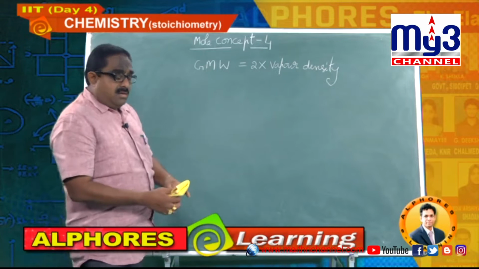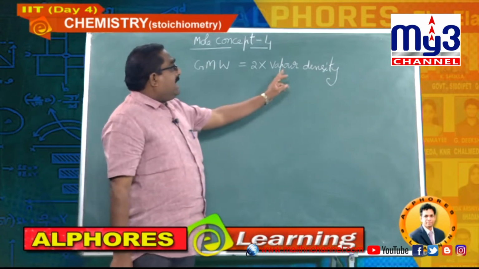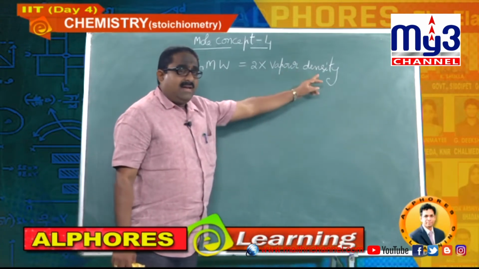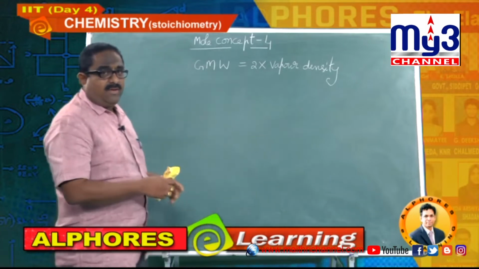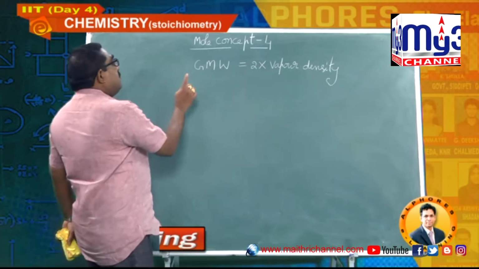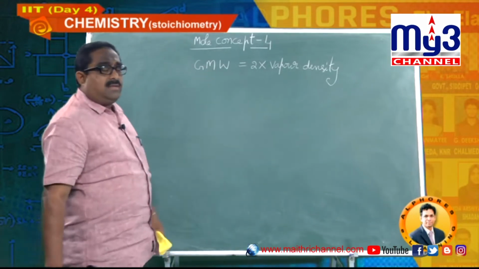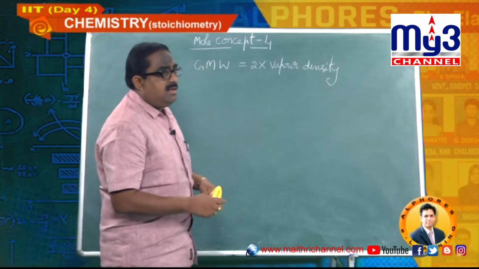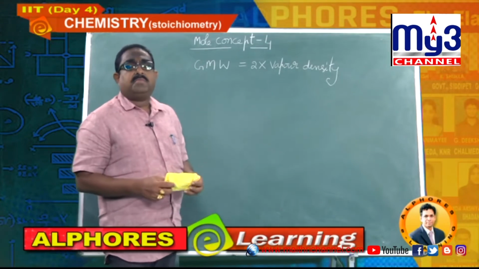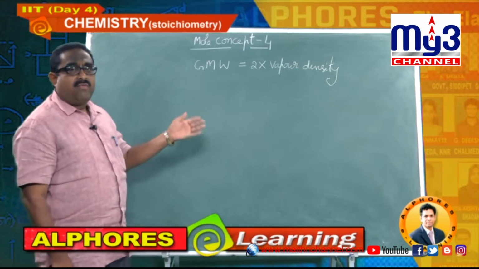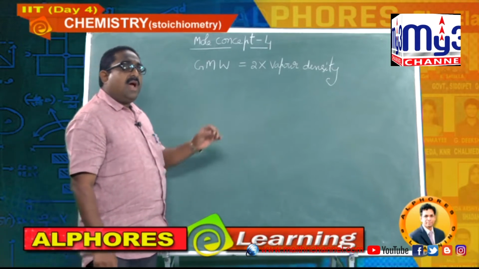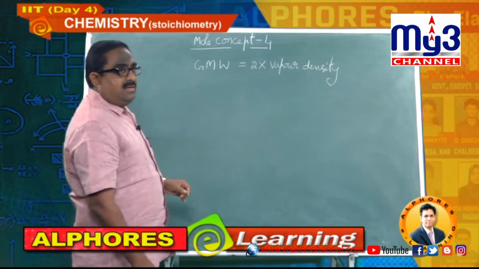First of all, let us discuss what exactly the vapor density is. The vapor density is nothing but the ratio of density of a gaseous substance to the density of hydrogen gas under similar conditions.